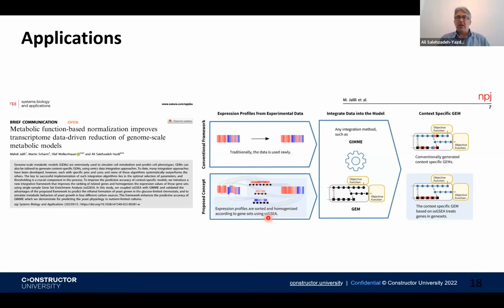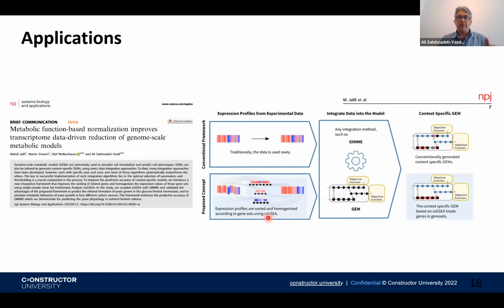What I mean is, in data integration we usually integrate one gene to one protein to one reaction. But our idea was, first, let's do some enrichment analysis and then integrate the whole pathway onto the model. So we use enrichment analysis as a pre-processing step, not as a downstream analysis.